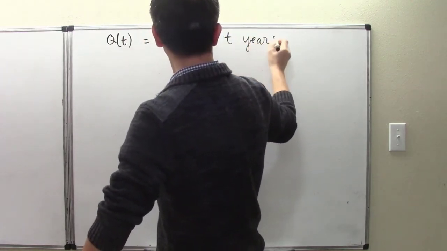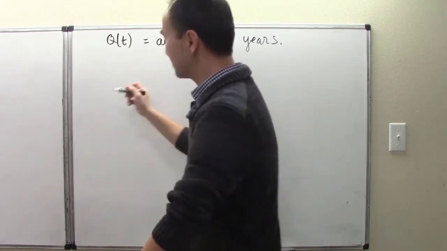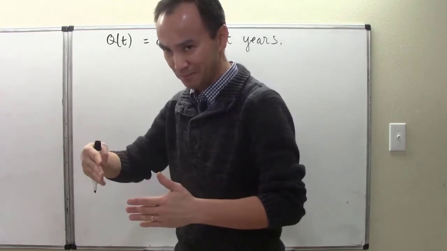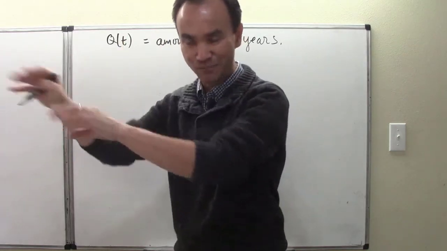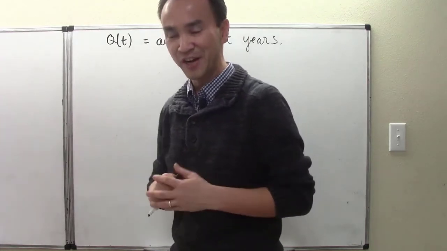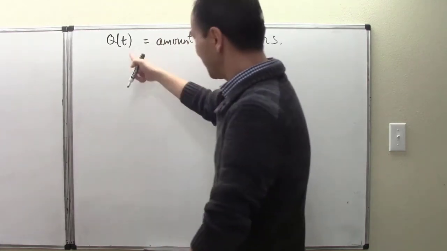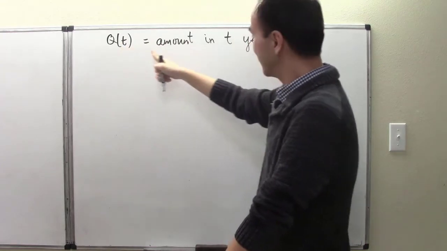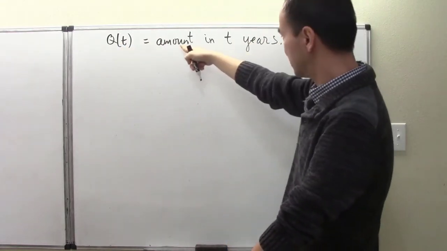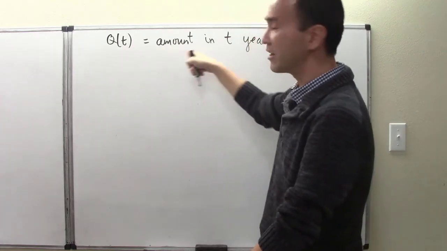I only need to recap what we've done so that we can have a good comparison, and then we are going to take that concept and move on to those problems outside of the financial math problems, as I promised. So again, Q of T is some amount as a function of time, the amount in T years.